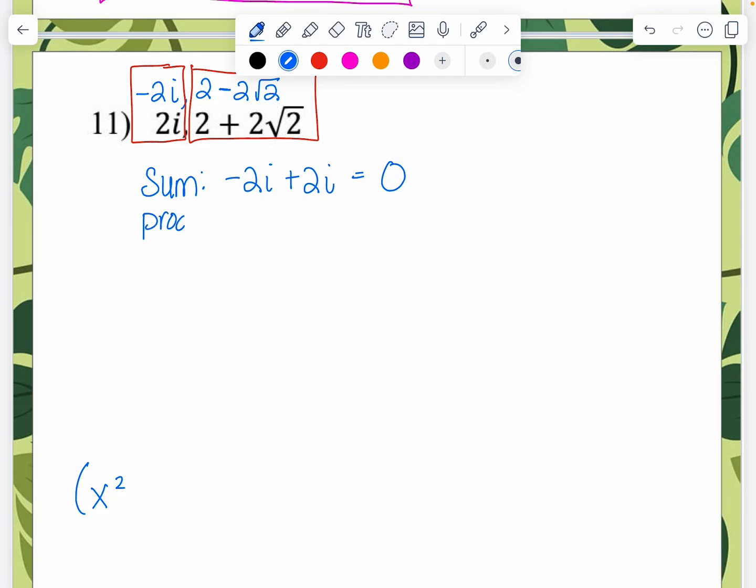The product is going to be negative 2i times 2i, which is negative 4i squared, which we know makes positive 4. This is negative 1 times negative 4 is positive 4. So I'm going to be adding 4 because I always add the product. So there's my very first quadratic.